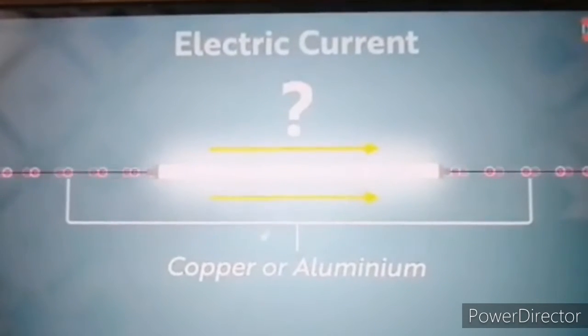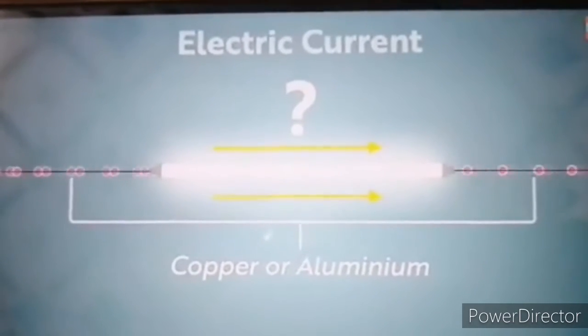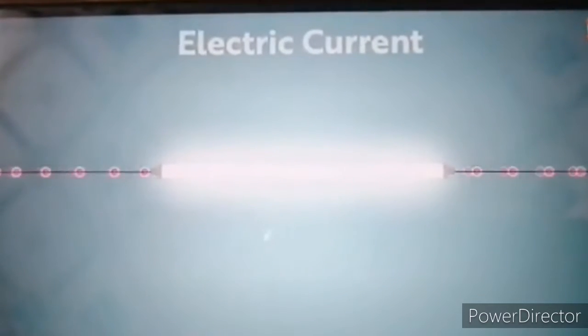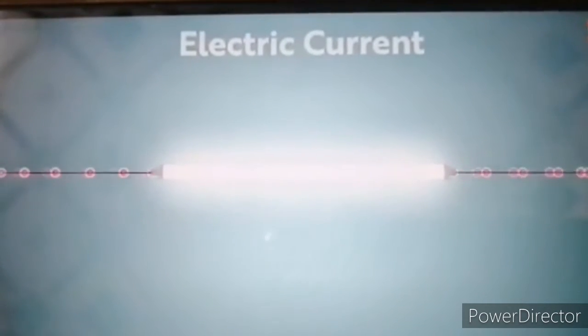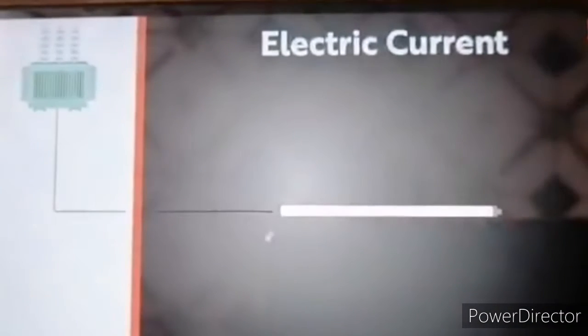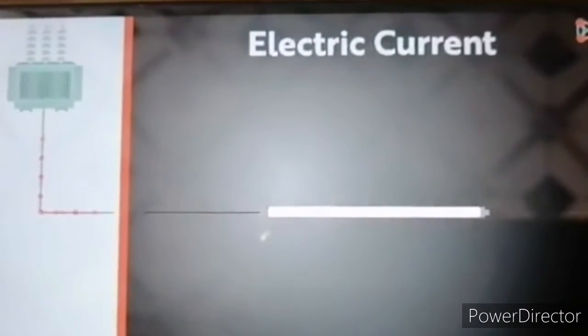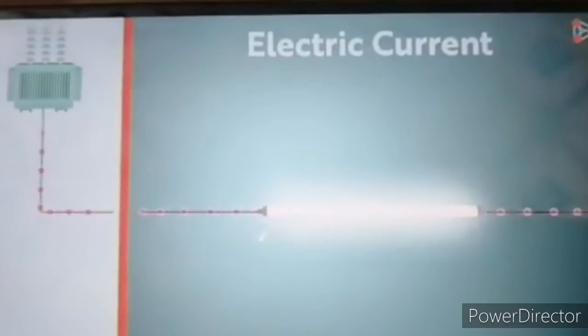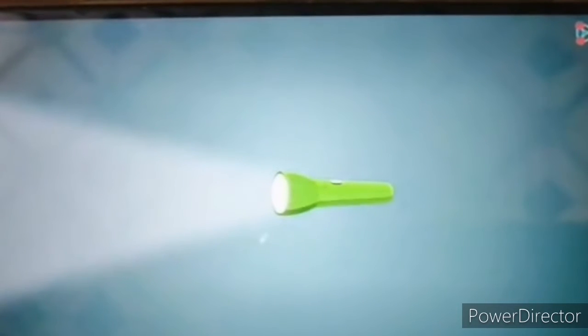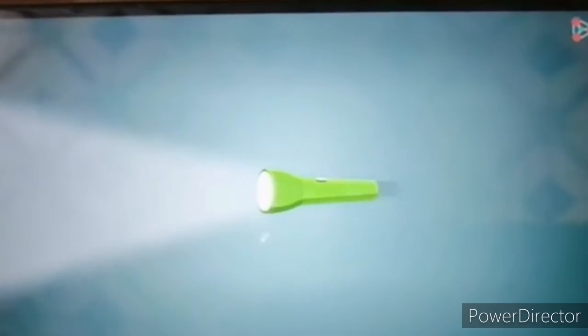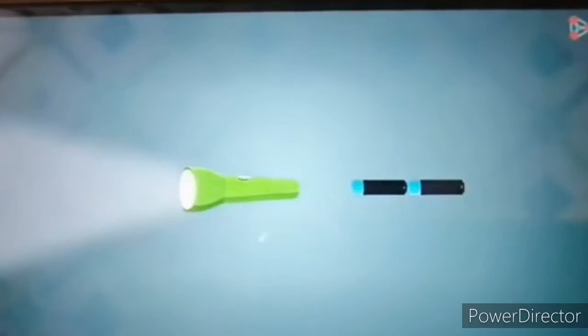So you can remember the definition of electric current: the electric current is equal to the rate of flow of charges. Here the charge carriers in metals are negative electrons. In our household appliances, we can get current electricity through a transformer, whereas in a small torch, we can get current electricity through small cells or batteries.